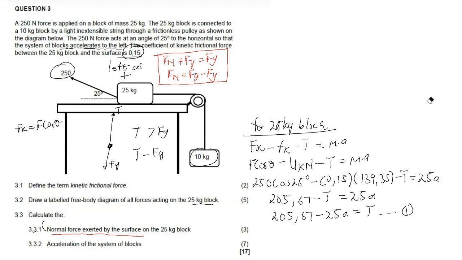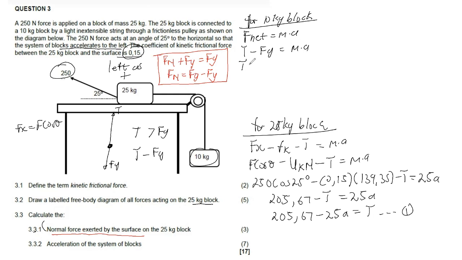Then let's continue and indicate for the 10 kg block. So now let's say for 10 kg block, then this is F net is equals to ma. But then remember, it is being pulled upward, so my equation becomes T minus Fg is equals to ma.